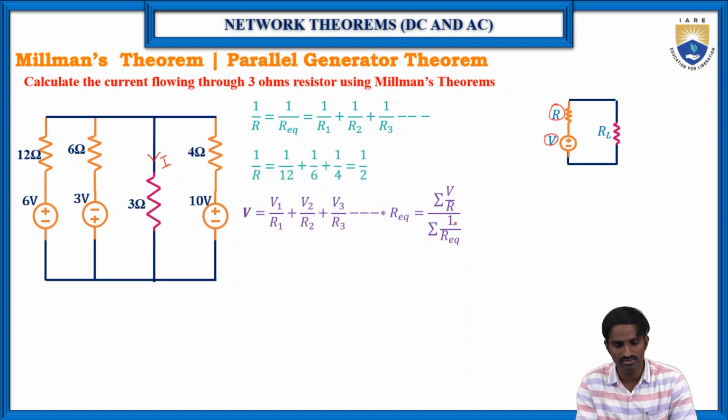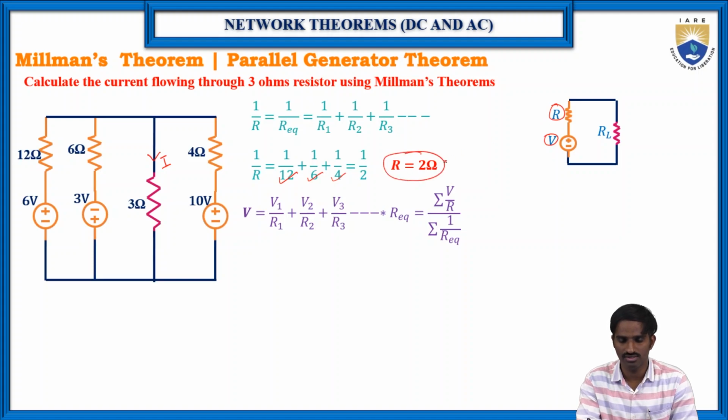So 1 by R is equal to 1 by 12 plus 1 by 6 plus 1 by 4, and if you simplify, you will get 1 by R is equal to 1 by 2. Then R is equal to 2 ohms.